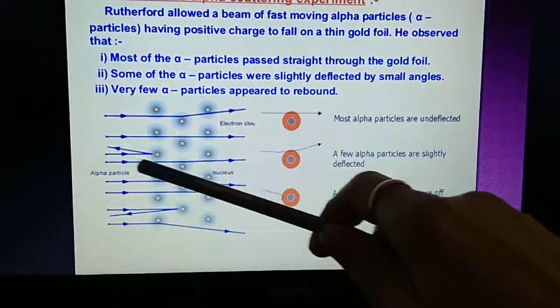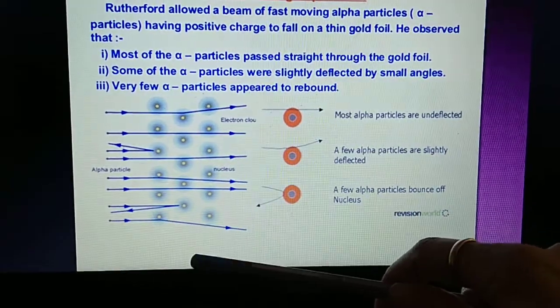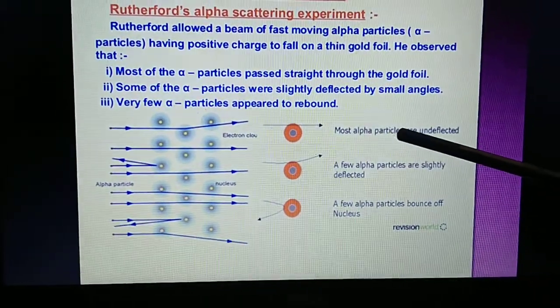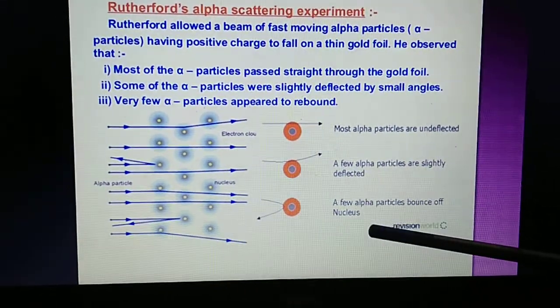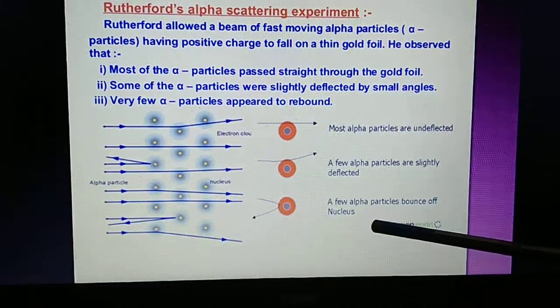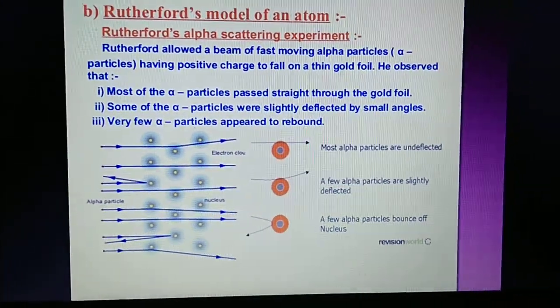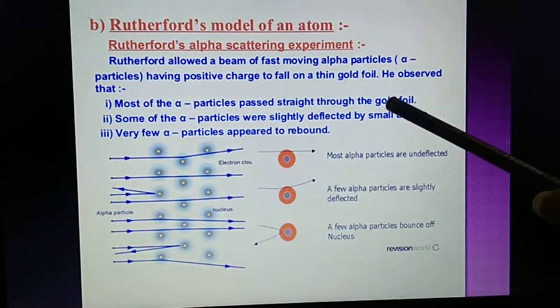Some of the alpha particles were slightly deflected by small angles and very few alpha particles appeared to rebound. So most of the alpha particles are undeflected, some are slightly deflected and a few bounce off the nucleus. They appear to rebound. This model is given by Rutherford and it is also called the alpha scattering experiment.